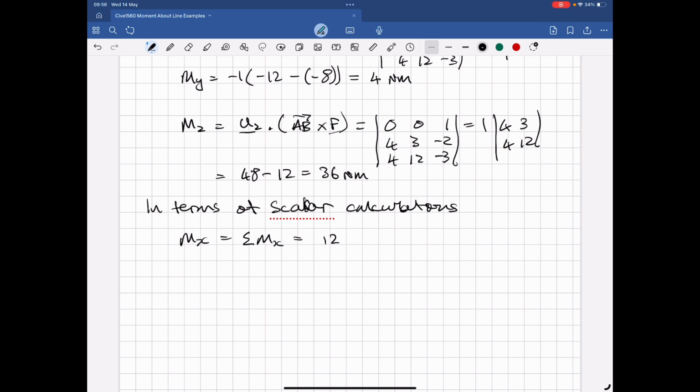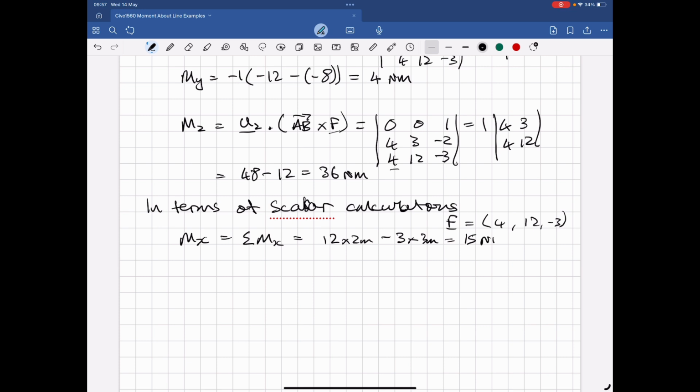The force F is equal to 4, 12 minus 3, so we're 12 times the distance, which is 2 meters, minus 3 times 3 meters, equals 15 Newton meters.